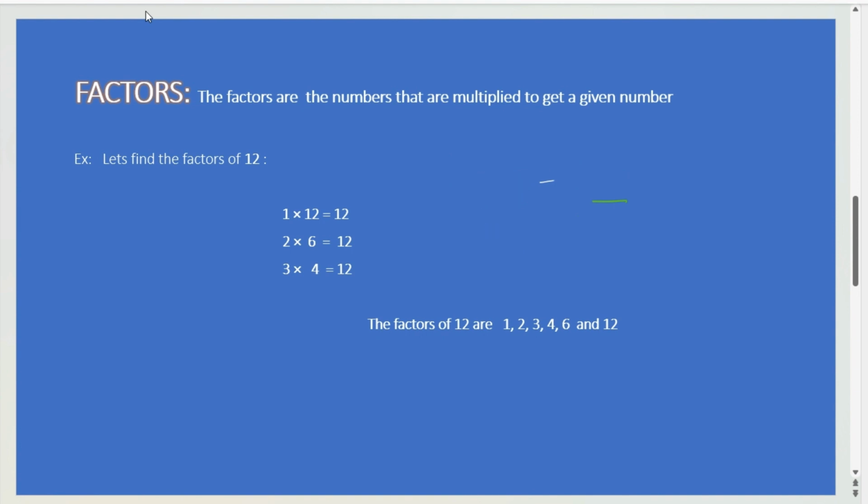So now, since factors is what we're going to be studying, here it's 1 times 12 equals 12. Here, 1 and 12 are factors. 12 is going to be the multiple. So that way, these two are multiples and these two are factors.